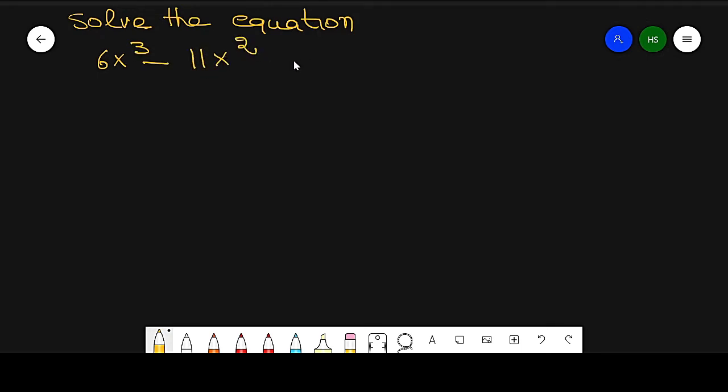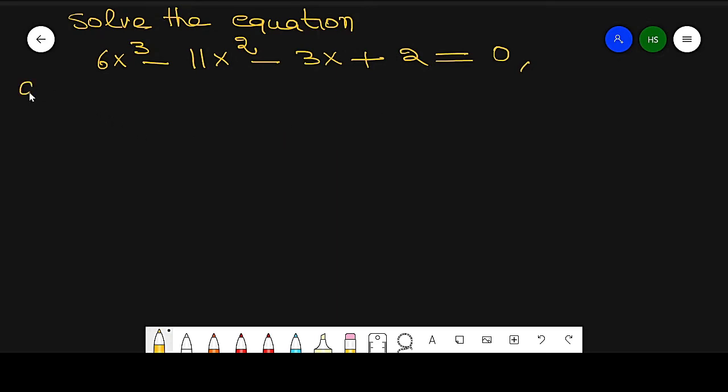The statement of the question is: solve the equation 6x^3 - 11x^2 - 3x + 2 = 0. So this is the given equation.